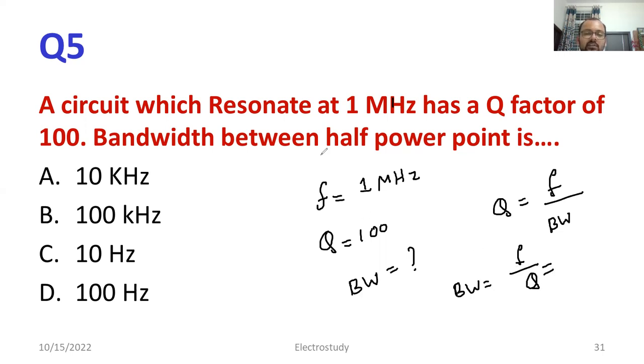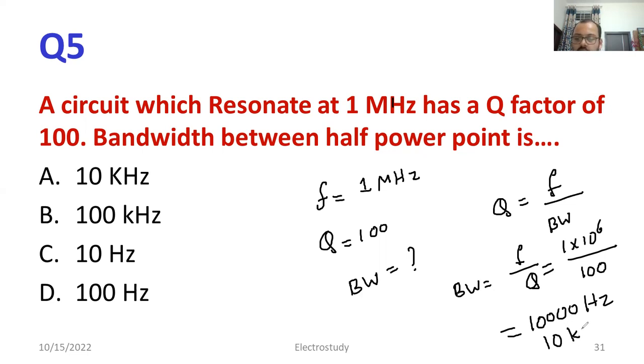What is frequency here? Frequency is 1 megahertz, that is 1 into 10 to the power 6 hertz, divided by the quality factor of 100, which is 10 to the power 2. So this becomes how much? This much hertz. What does it mean? 10 into 10 to the power 3, that means 10 kilohertz. So you can go for 10 kilohertz. I think the concept is clear to everyone.